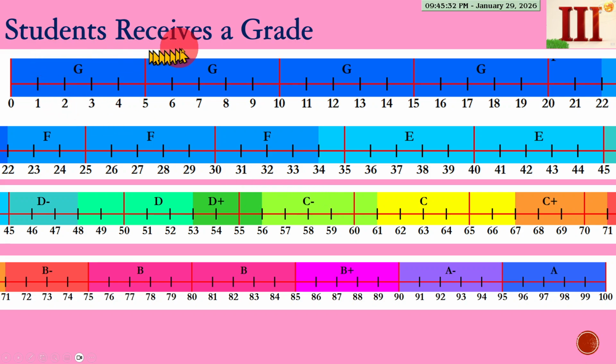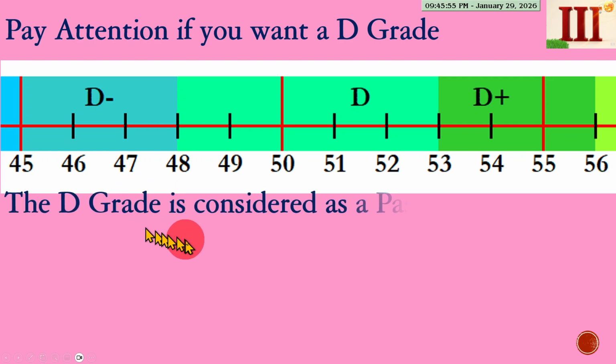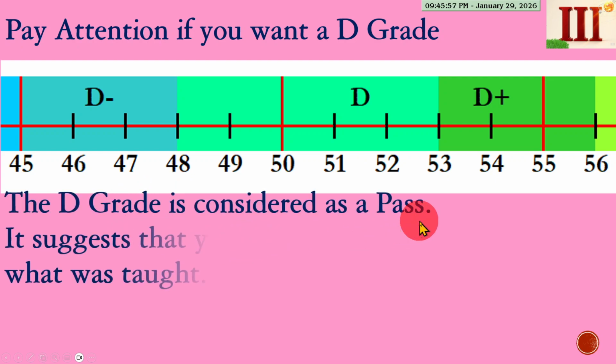But guess who else receives grades? Students. Students receive grades. Grades go all the way from 0 to 100. If you are not doing well in a subject, you're probably going to score anywhere between 0 and 45. These grades mean that you did not pass. But if you get a D grade, the D is considered a pass.